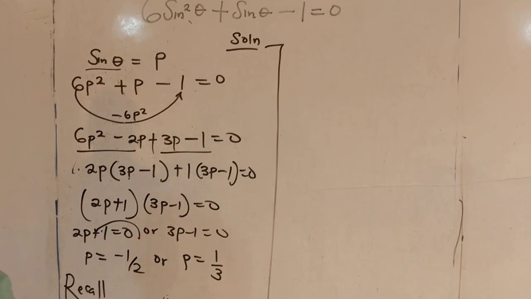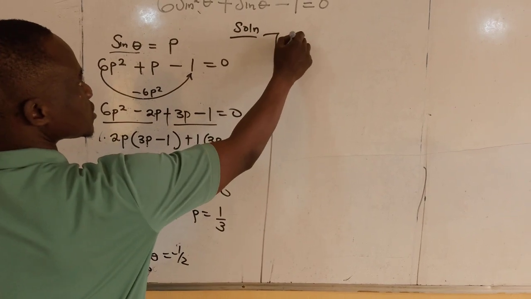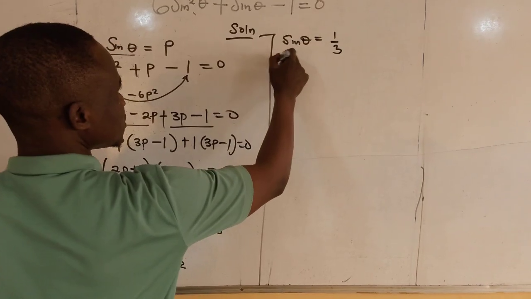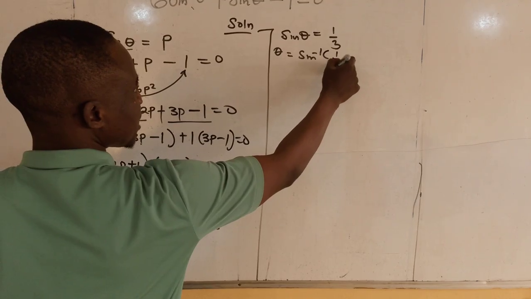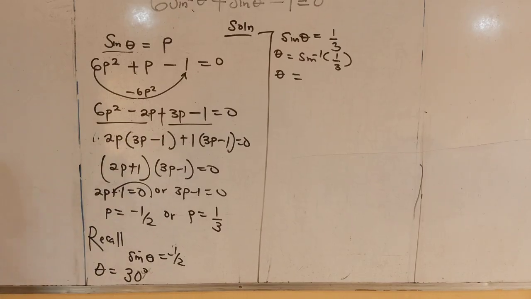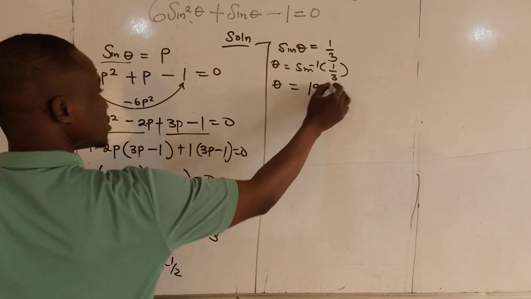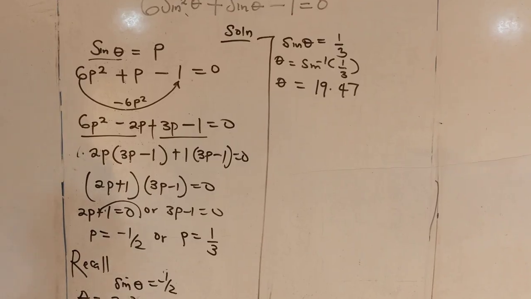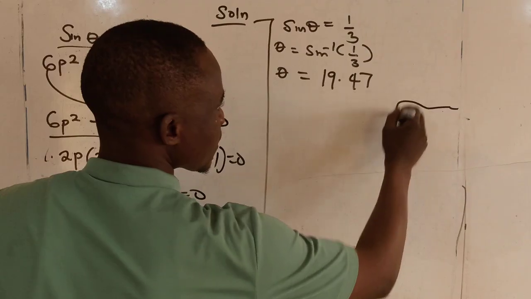So let's take the second one. Recall sine theta equals p, so sine theta equals 1/3. Then theta will be arc sine of 1 divided by 3. From my calculator, it gives me 19.47.